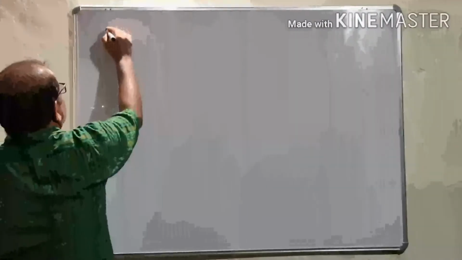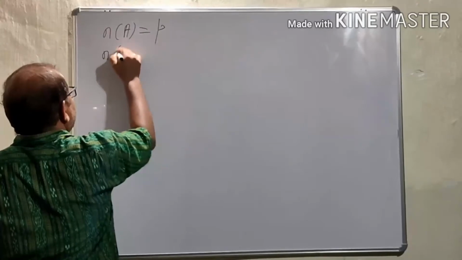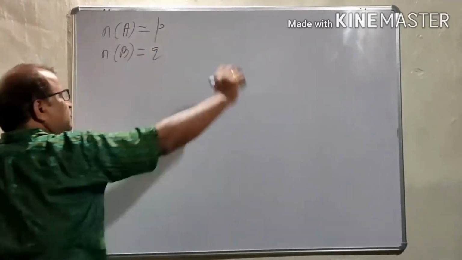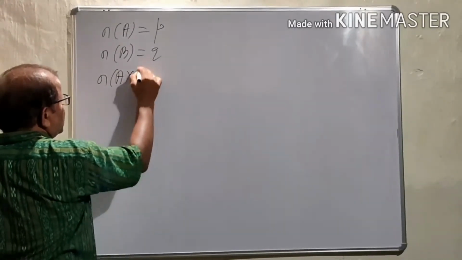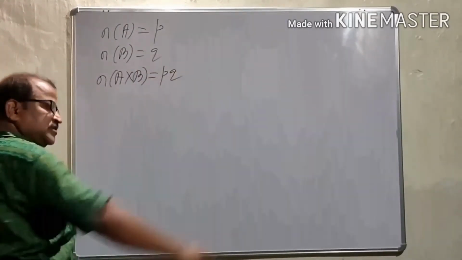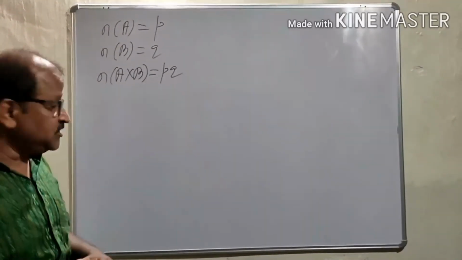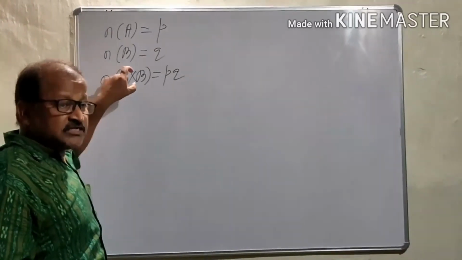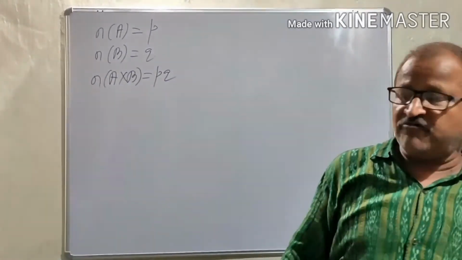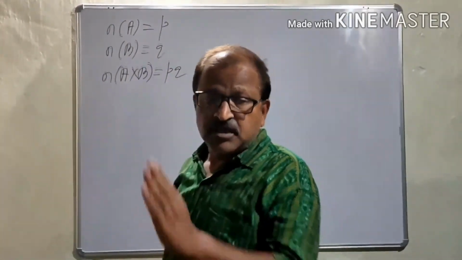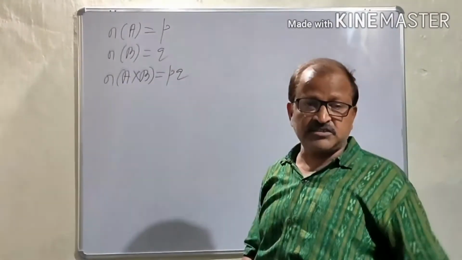Suppose the cardinality of A is P and the cardinality of B is Q, then the cardinality of A Cartesian product B will be PQ. Now what is a relation? A relation is a subset of A Cartesian product B. So what is the total number of relations from A to B?